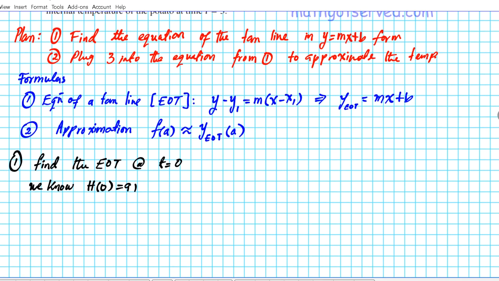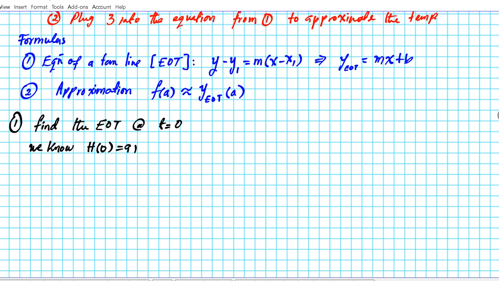In this problem we have h and t, so you just need to know what your dependent and independent variables are. In this particular case, the independent variable is the t and the dependent variable is our h. So if we want to adapt it to this problem, our x1 will be our independent variable, which is 0, and then y1 will be the dependent variable, which is h, and that is 91. Okay, all right, now we also need to find the slope.